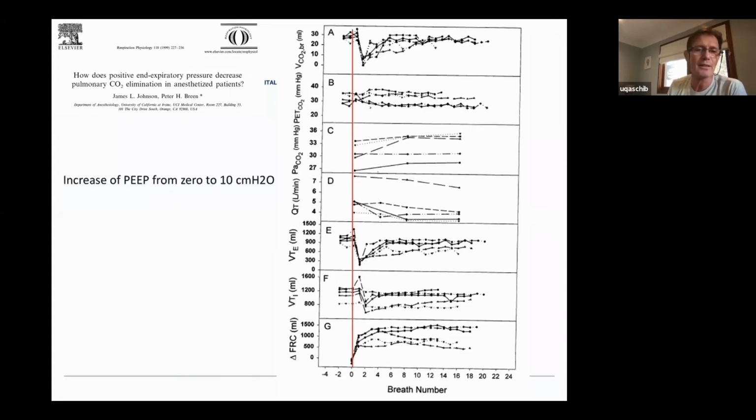Just to finish it off, a very nice experiment that a Swedish group has done. They increased the PEEP from 0 to 10. Obviously, the patient was anesthetized, and at 0, they had lots of atelectasis. And when they increase the PEEP to 10, they start opening up alveolar space.